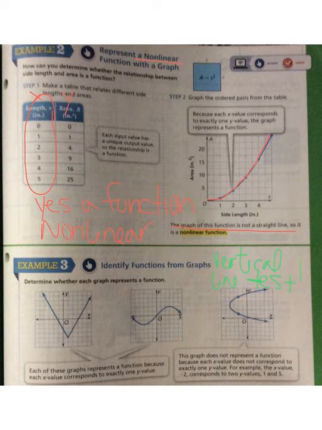What the vertical line test does is, if there is a vertical line, vertical means up and down, that goes through 2 points, so right here on this graph, this vertical line is going through 2 points, that means I have two x's that are the same. So that means that this is not a function.